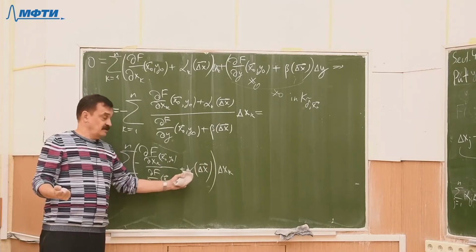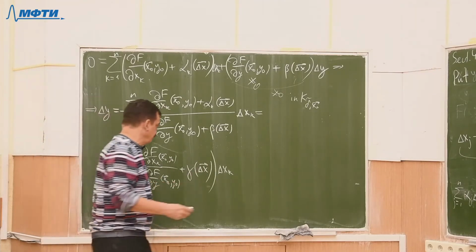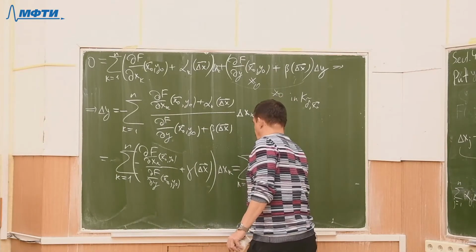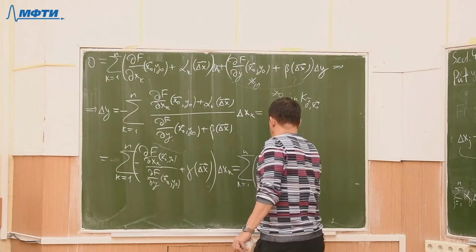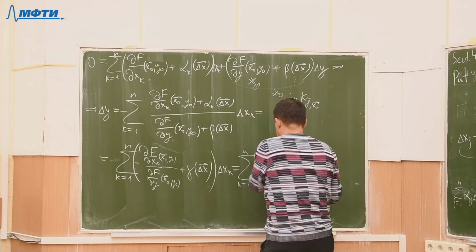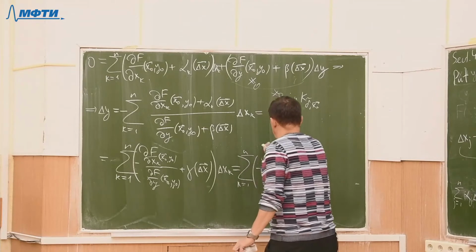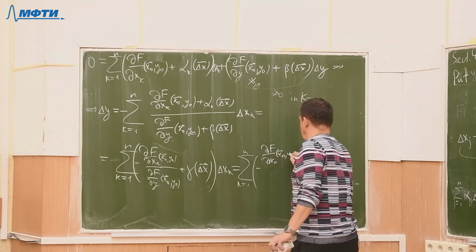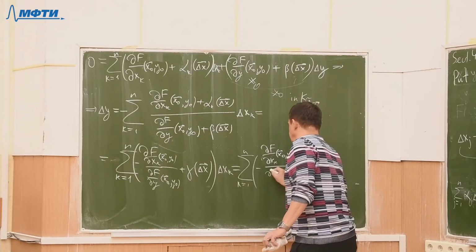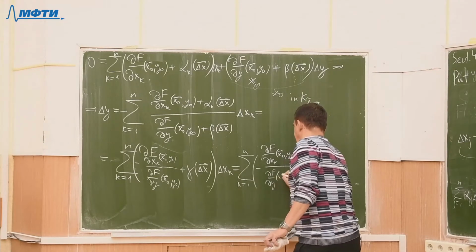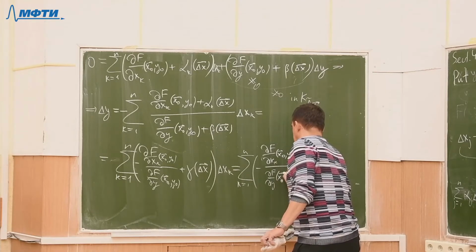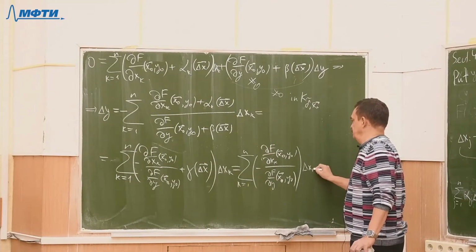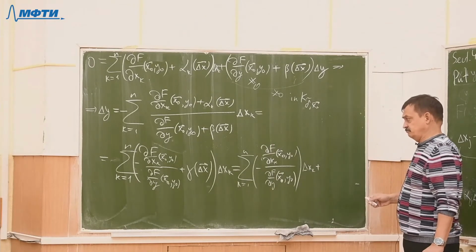That something I'll denote by gamma. And after that, I can write as follows. Sum k from 1 up to n of minus partial derivative of f with respect to xk at x naught, y naught, over partial derivative of f with respect to y at x naught, y naught, times delta xk plus everything else.